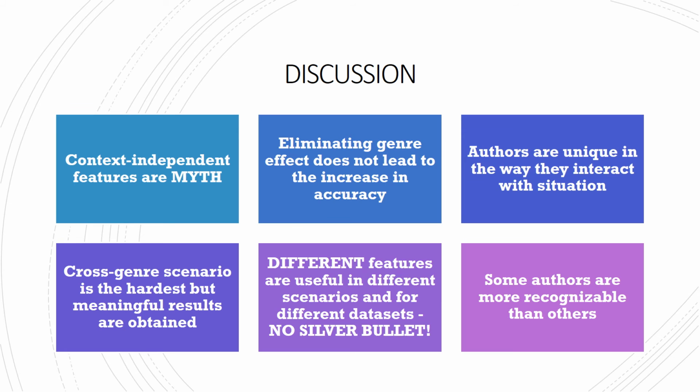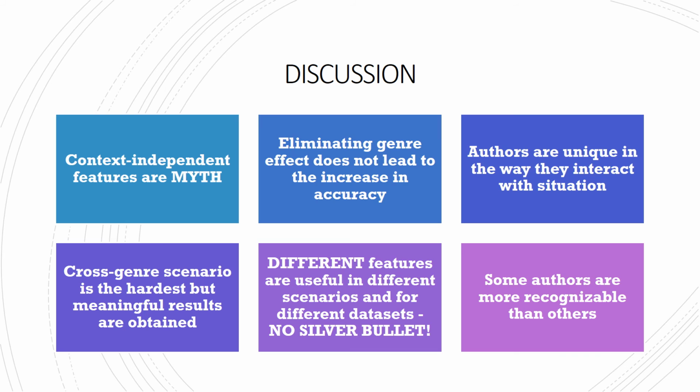As for the discussion section, it should be said that obviously there are no context-independent features, so that's basically a myth. And eliminating genre effect does not really result in the increase in the overall accuracy. And all authors are unique in their own ways, and the way they interact with various situations varies.